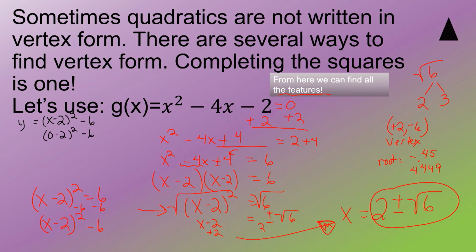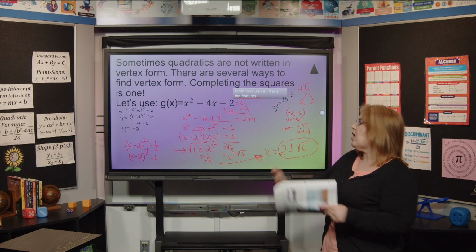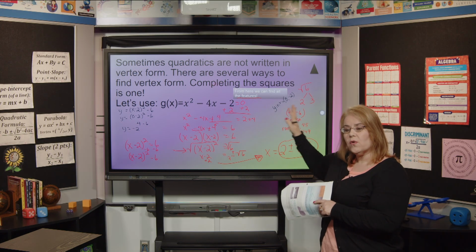So I'm just going to work this math and solve for y. 0 minus 2, -2. -2 squared is 4. 4 minus 6, y equals -2. So my y-intercept equals 0, -2.